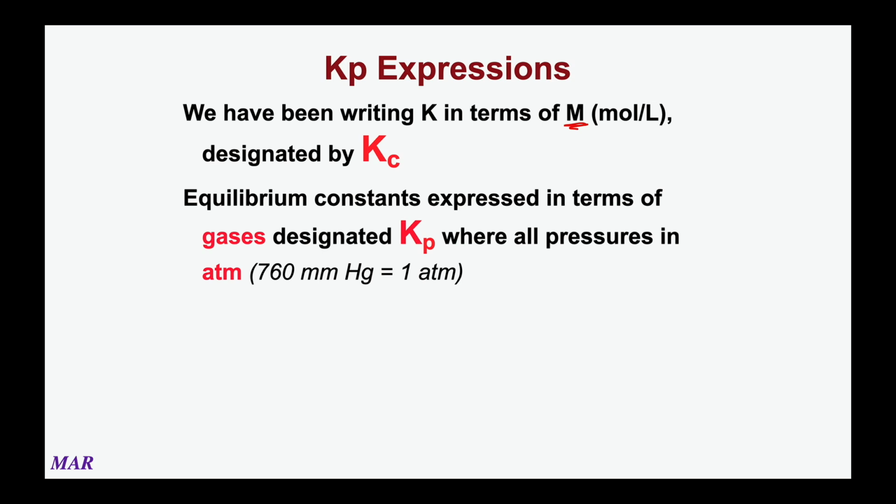P stands for pressure. And if you remember from Chem 222, atmospheres are the dominant pressure term used in chemistry. So a Kp, instead of using moles per liter, which is what we've been using so far, we would use atmospheres of gases. So Kp is only applicable towards gases. You really can't have a solution pressure per se, although you can argue osmosis, but that's a different story.